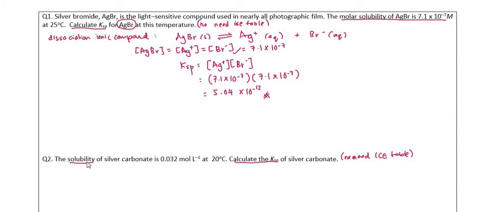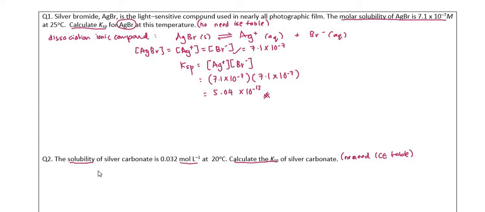But this solubility should be in gram per liter; from the previous video, I said the unit for solubility is gram per liter, going back to the definition. But sometimes the solubility is given in mole per liter. That means this is your molar solubility, so it is the same.